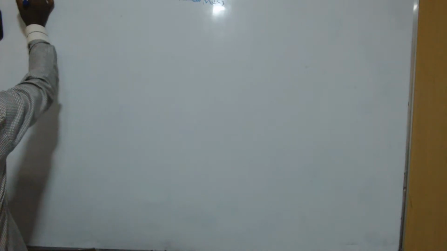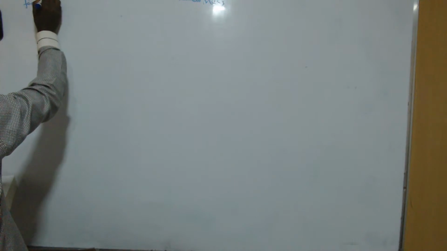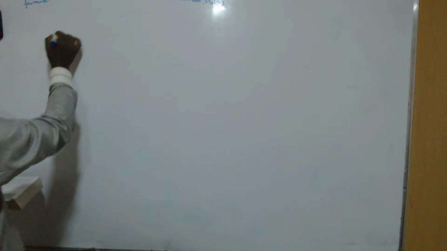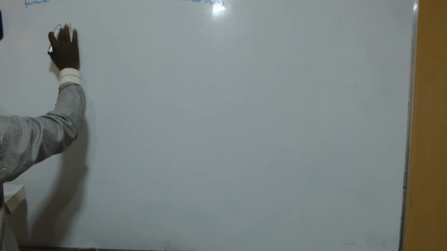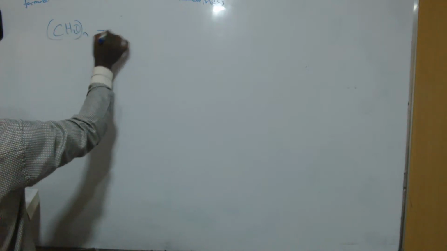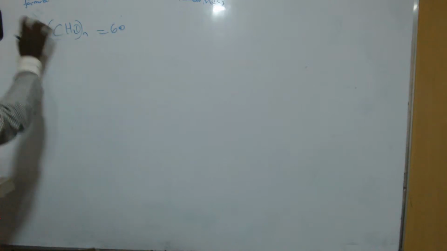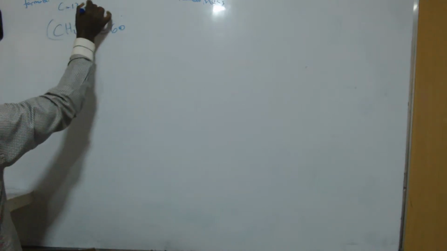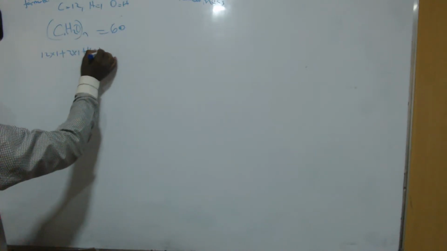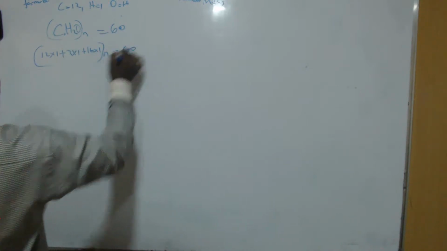So if the molecular formula is this and the mass is equal to 60, you now have CH2O times N equal to 60. Now they say your carbon is 12, hydrogen is 1, oxygen is 16. So 12 times 1 plus 1 times 2 plus 16 times 1, times N, all equal to 60.